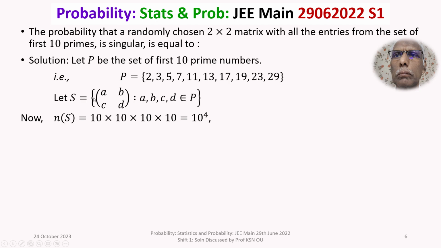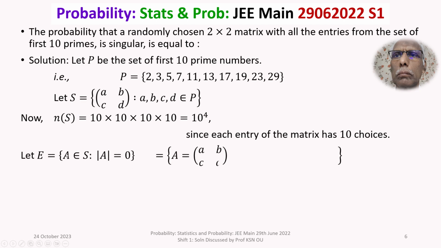No condition on A, B, C, D. So this is 10 to the power of 4, since each entry of the matrix has 10 choices. So the order of the sample space is 10 to the power of 4.